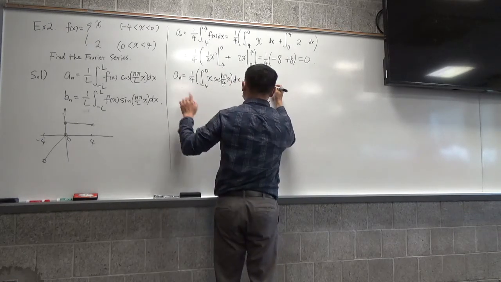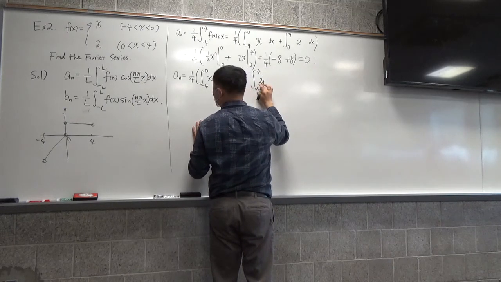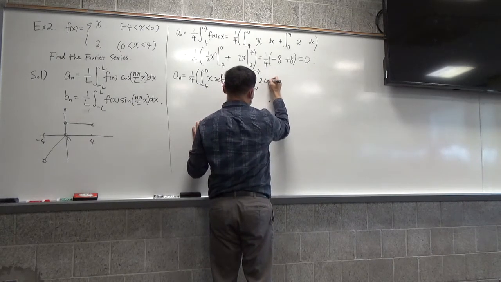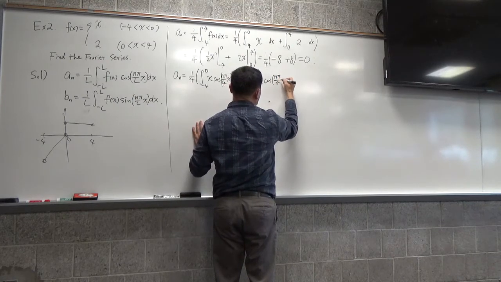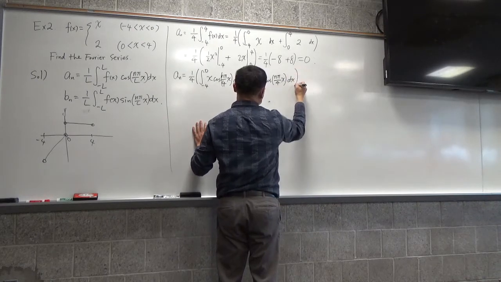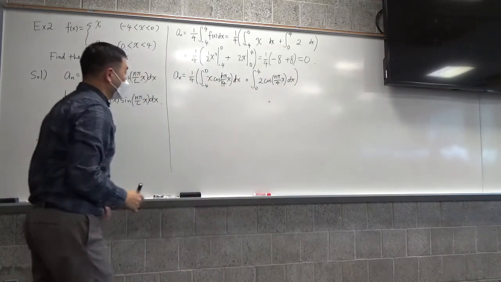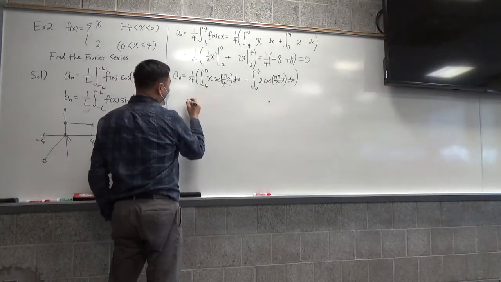Plus, then from 0 to 4, the function is 2. Again, you multiply cosine n pi over 4x dx. And then you have to do the tabular integration separately.